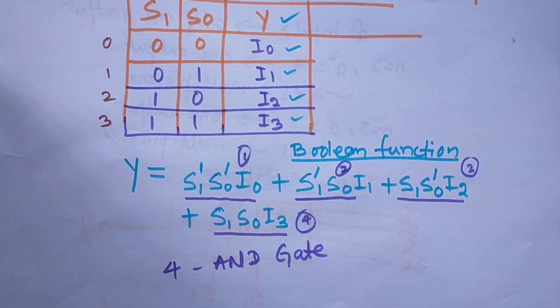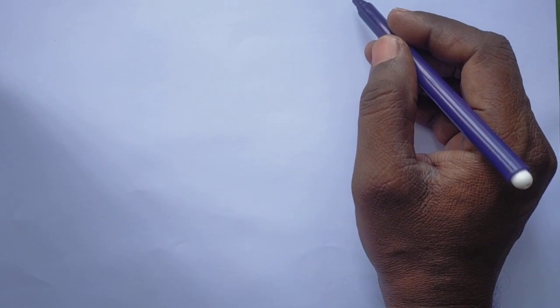Just a minute, I will show you. Now see, how many AND gates are required? Four AND gates are required. We will draw the four AND gates in a very simple way.